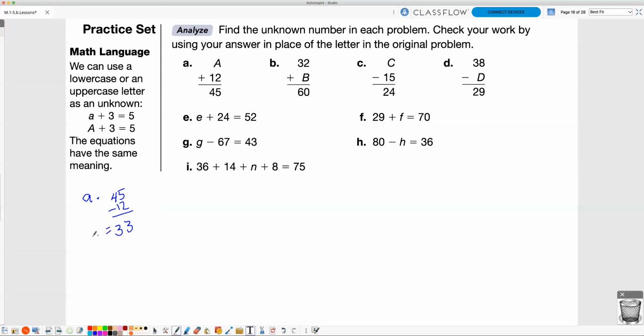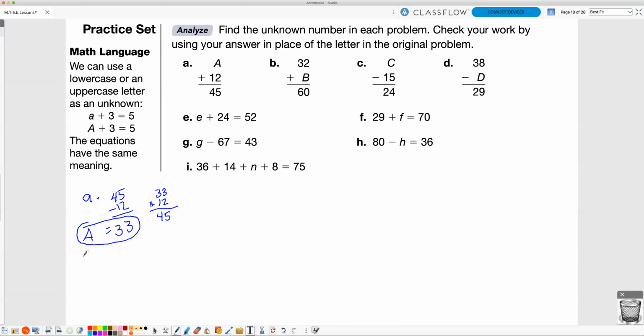So A would equal 33. And if I want to double check my work, I just take 33 plus the 12 that was in there. And that should end up adding to 45, which it does. So that means for letter A, it should have been 33.